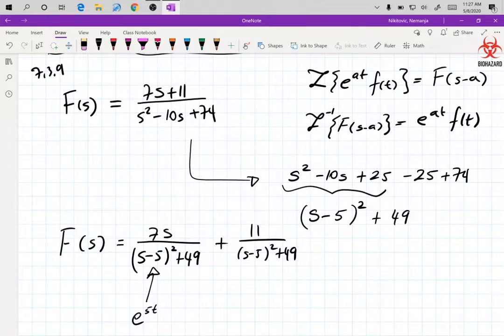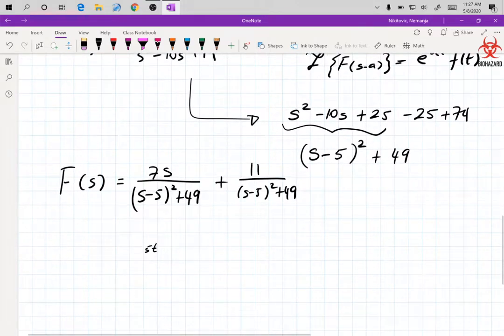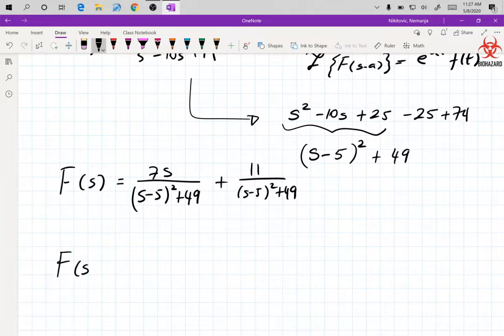So we have a little more algebra witchcraft to do before we can just claim our solution. So on the top, I need s minus 5, right? So let's go and just fix that now.